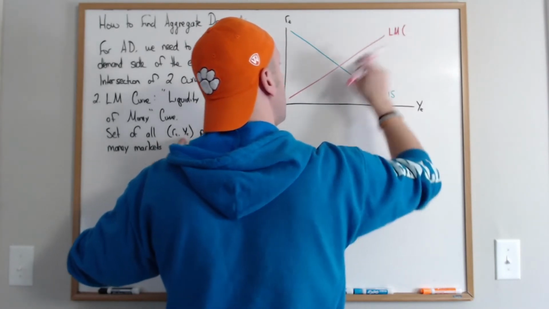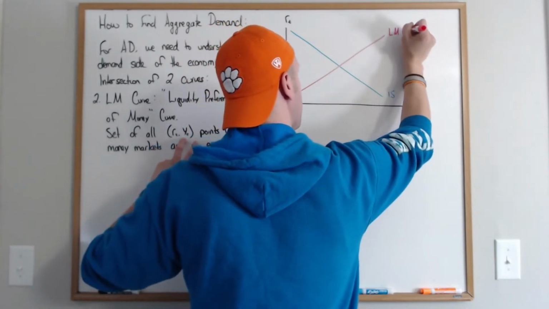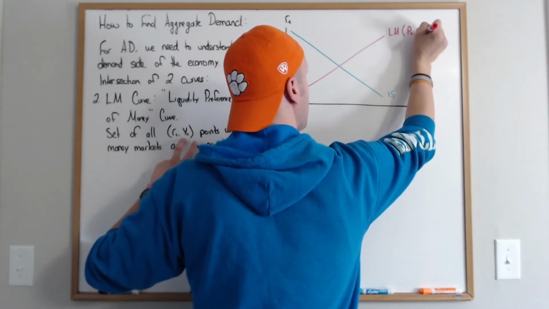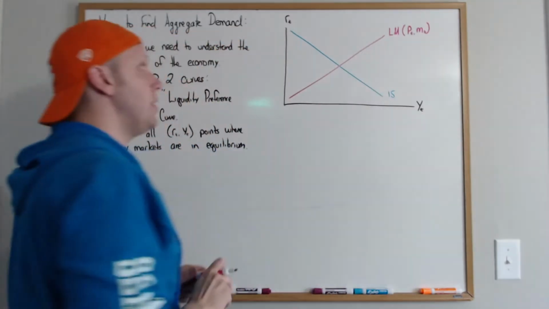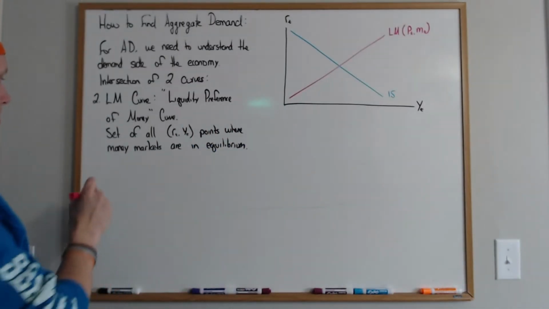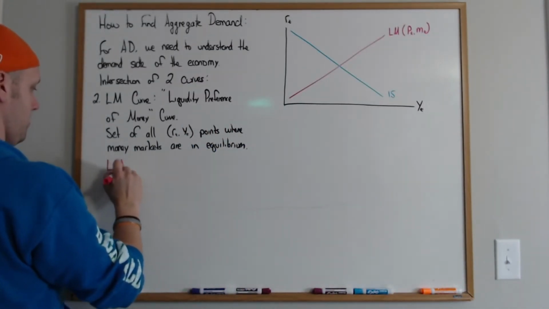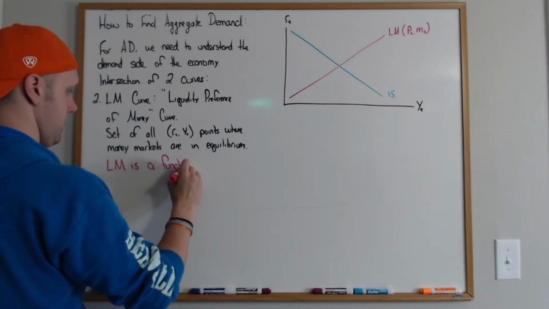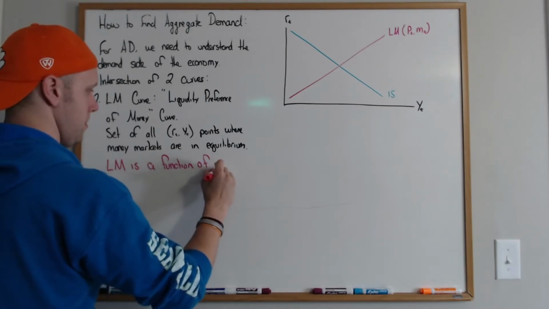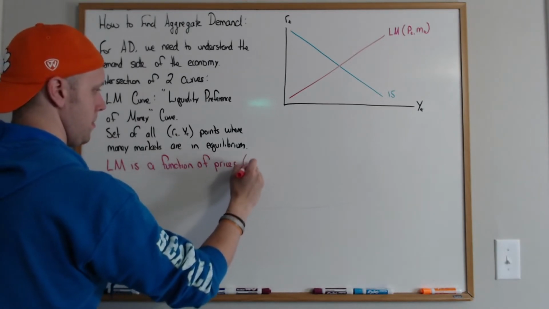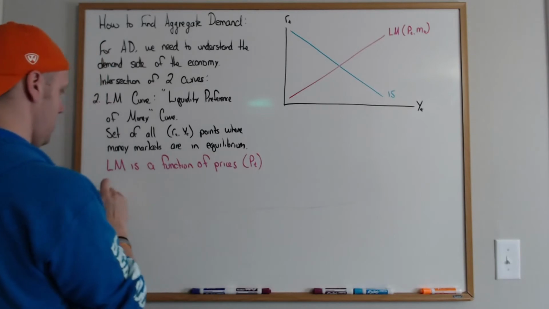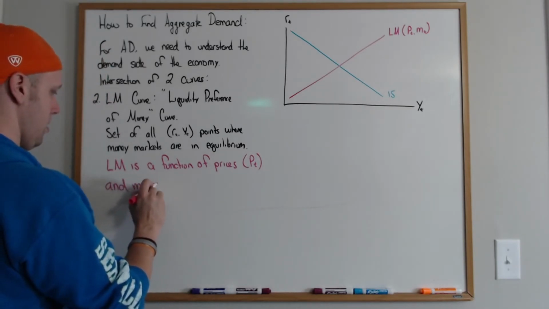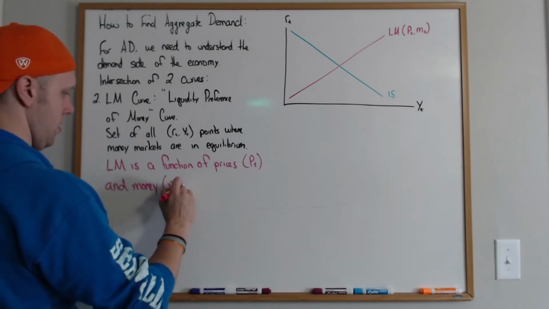Therefore, it will be upward sloping and it is a function of the price level P_t and money M_t.